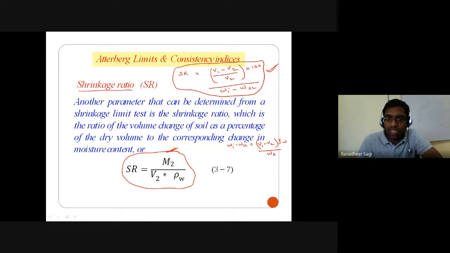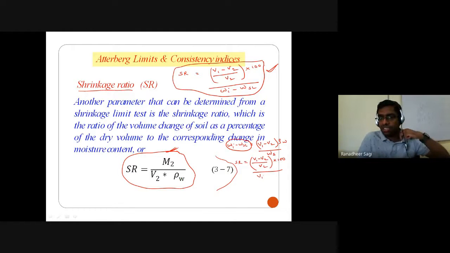Okay. So this Wi minus WSL in the denominator can be simply replaced by V1 minus V2 into rho W by Vs. So in the process, I can rewrite my expression as shrinkage ratio is equal to V1 minus V2 by V2 into 100 divided by Wi minus WSL, which we can write as V1 minus V2 divided by Ws, this total into rho W. So V1 minus V2 gets cancelled.